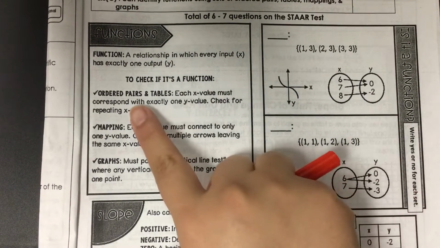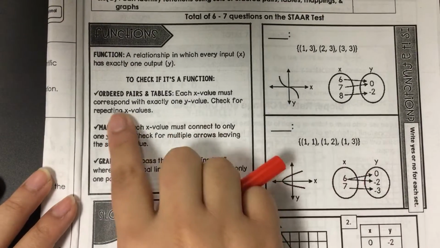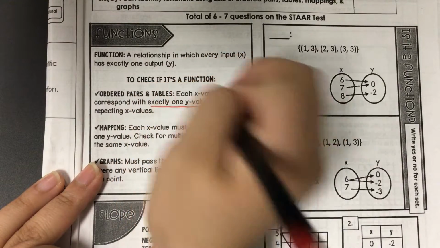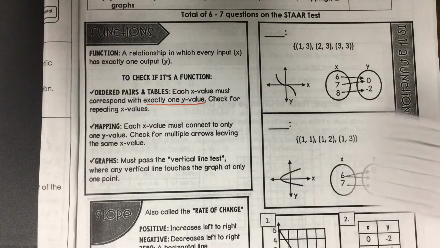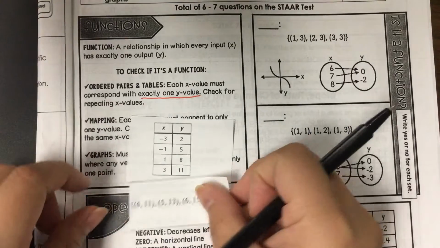If it's an ordered pair or a table, each x value must correspond with exactly one y value. Check for repeating x values. We don't care if every x in the system has the same y value, as long as it only has one y value. It cannot have two. So we're going to be looking at ordered pairs and tables for this one.